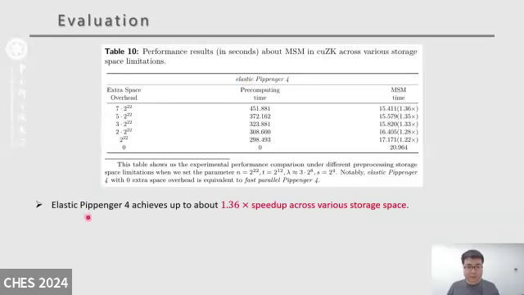We call it elastic Pippenger 4. We can see that this is the cuZK, and from this column that elastic Pippenger 4 achieves up to about 1.36 times speedup across various storage space.